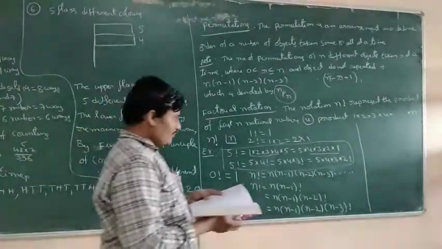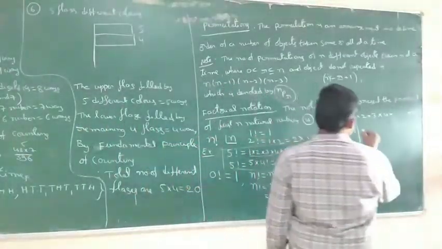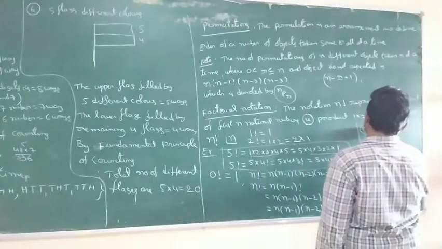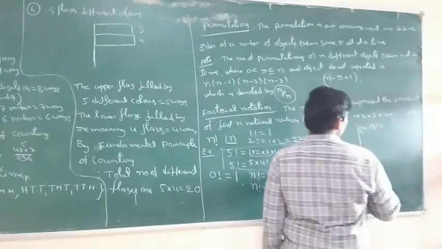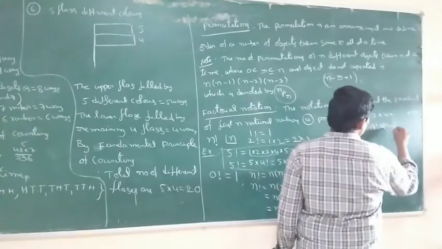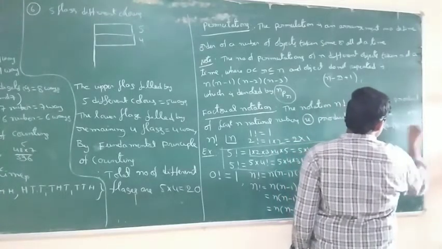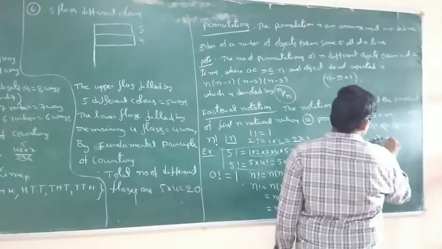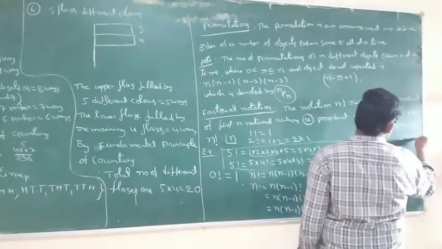0 factorial is 1. So n minus 1 factorial is equal to n minus 1 into n minus 2 into n minus 3 and so on, 3 into 2 into 1.